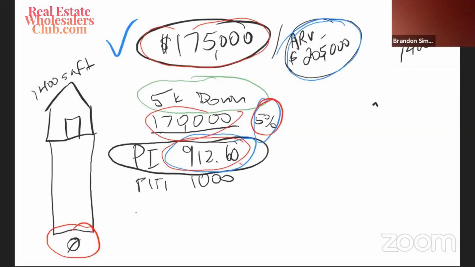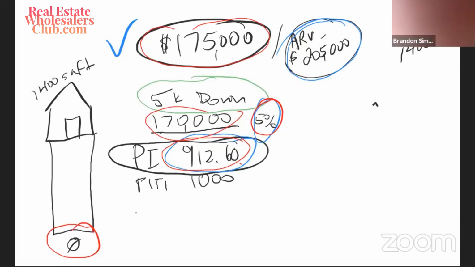Okay, I said that it needed work because it had messed up carpets and ripped up vinyl and stuff like that. But do you know of any retail buyer that would come in if I just make it rent ready? A rent-ready versus a retail-ready property is a difference of say $5,000 to make it rent ready versus say $20,000 to make it retail ready, right?